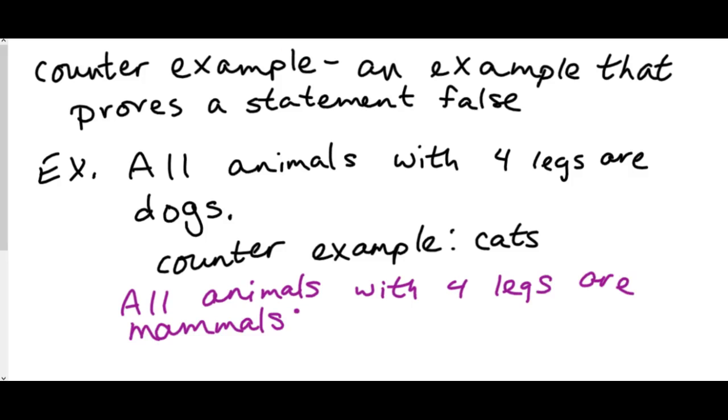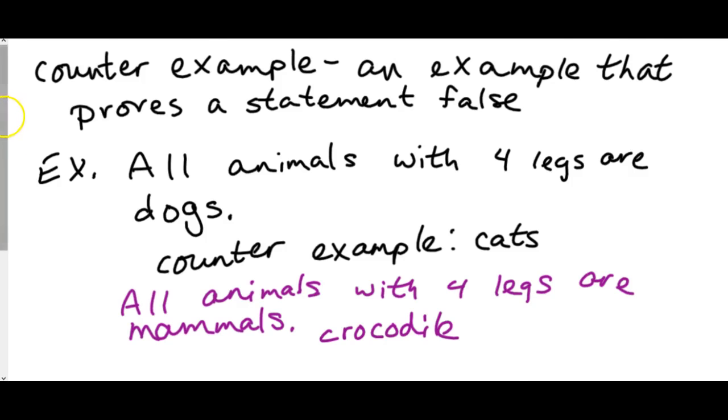I'm just trying to get rid of the semicolon. This needs to be a period there. But I can think of a reptile that has 4 legs, like a crocodile. So that's a counterexample. So counterexamples can just be used to prove something is not true.